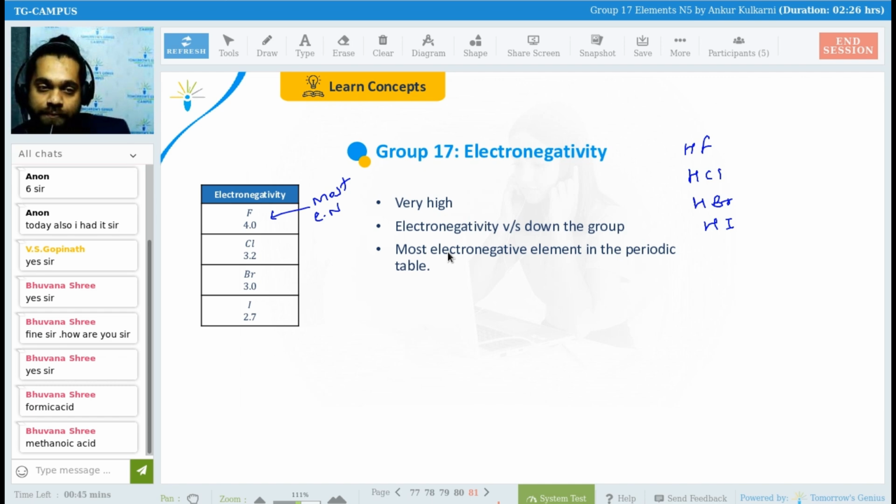We know acid is something that gives away the proton. So who will easily give away the proton? Sajna, you made a mistake in this concept last time also. Who will easily give away the proton? HF, HCl, HBr or HI?